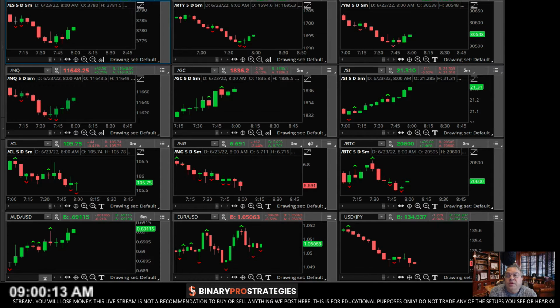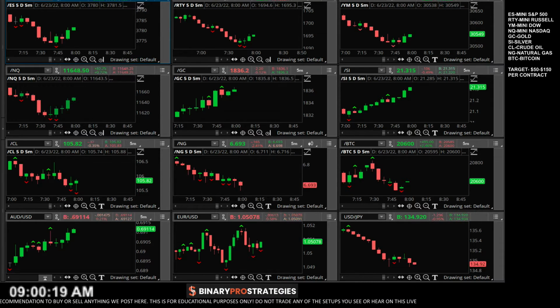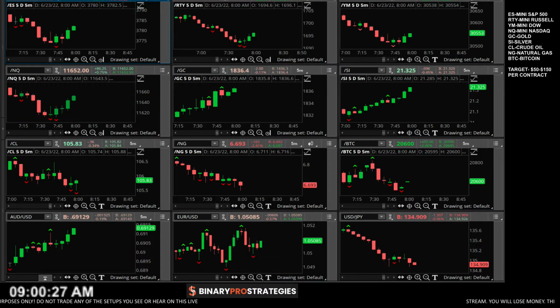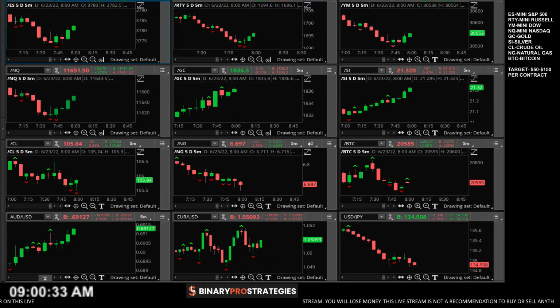I'm going to go through a few things real quick before we get started. I'm going to put up a couple symbols on the top right-hand corner so you're familiar with what I'm going to be trading this morning. Starting off with the ES, which is the S&P 500. We'll be looking at RTY, which is our mini Russell, YM for the mini Dow, and also watching the NQ for the mini NASDAQ.